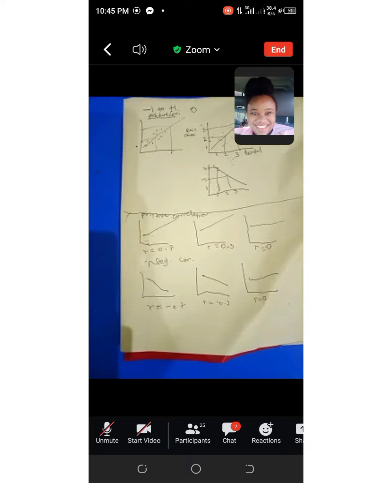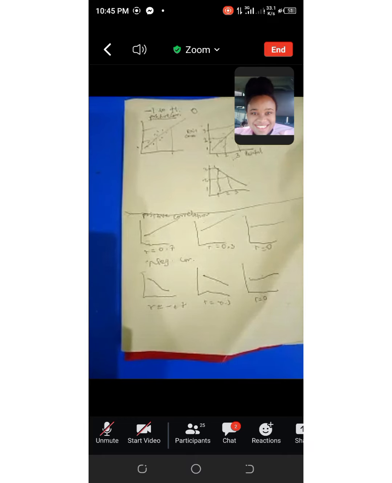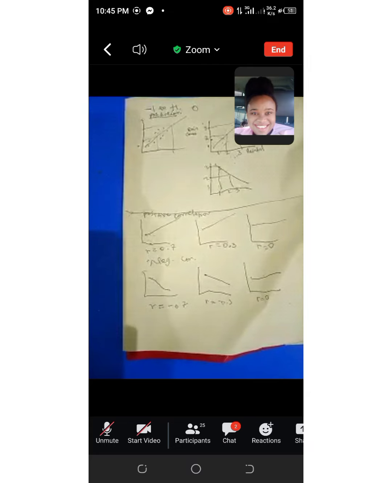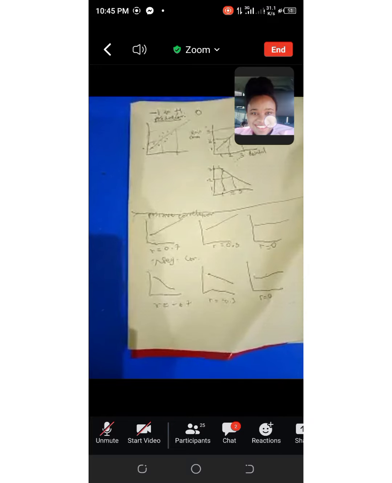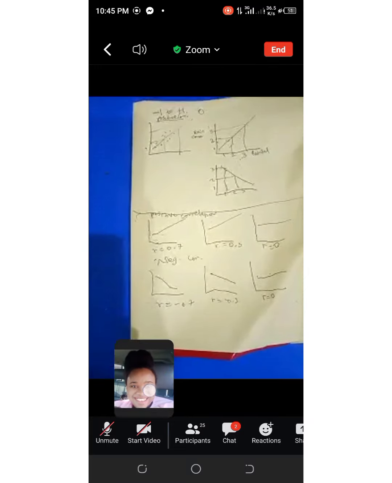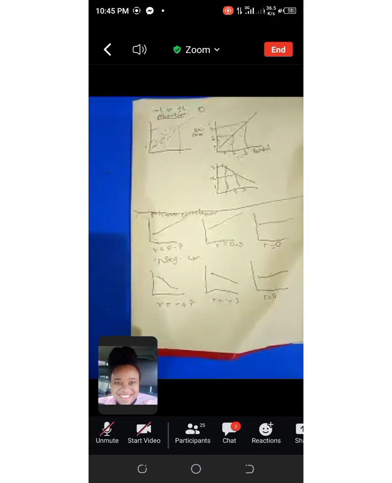If the value is 0.9, 0.9 is not as strong as 1. If the value is 0.6, 0.6 is not as strong as 0.9. If the value is 0.1, it is weak, but there's still a relationship, though very weak. Then before it becomes 0, it starts moving to the negative. So the negative now, as it goes towards -1, there's a negative relationship, and it continues that way till -1 when there's a strong negative relationship.